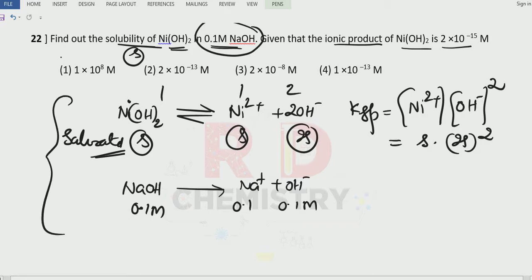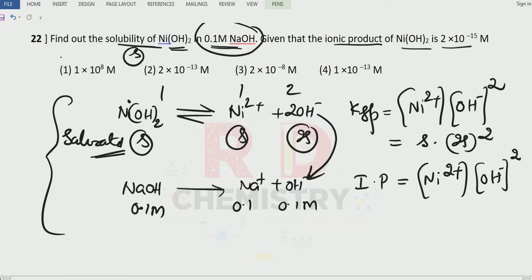This is not a pure saturated solution of only one substance. So there are two substances that dissolve. So I'll calculate the ionic product. How to calculate ionic product? Ionic product is equal to, if I go for nickel hydroxide, it is the same formula, nickel concentration into the hydroxide concentration square. But hydroxides are 2 in number, so hydroxides from both sources should be added up actually.